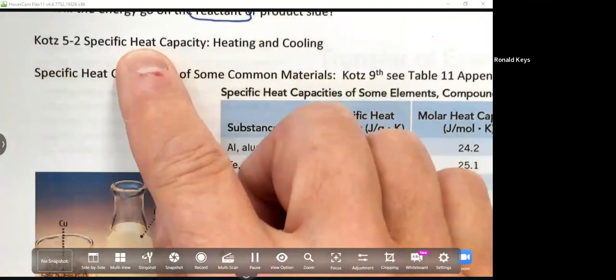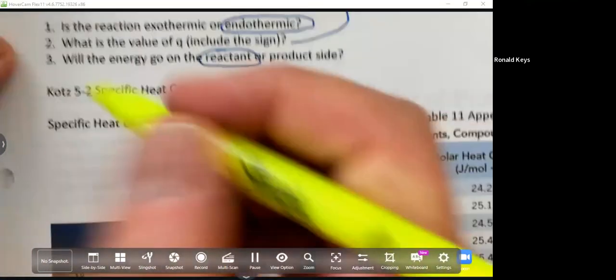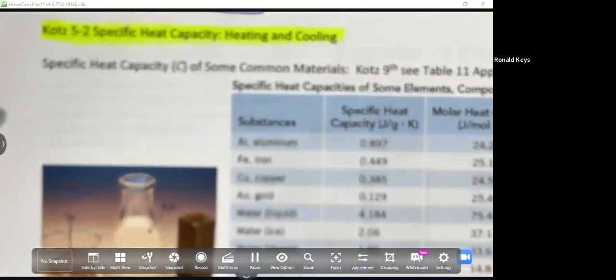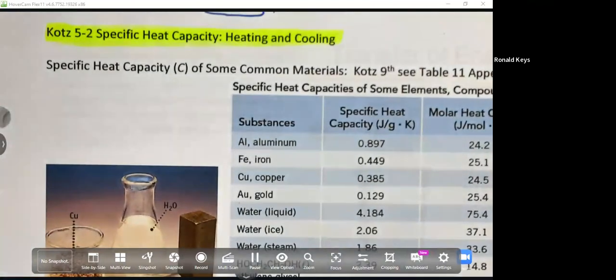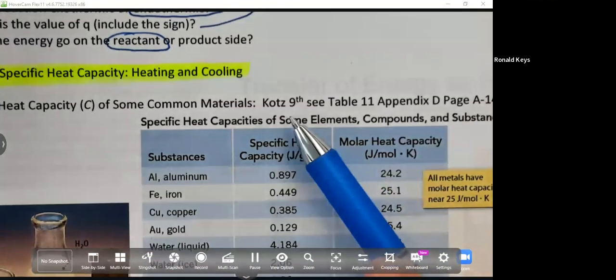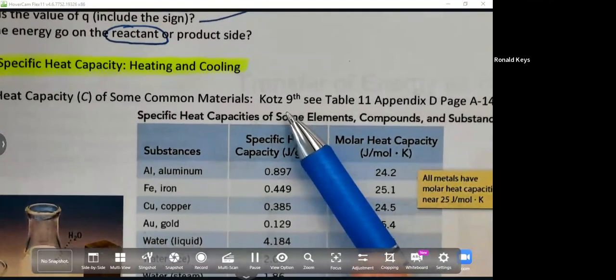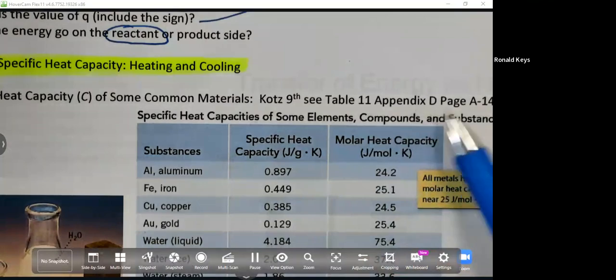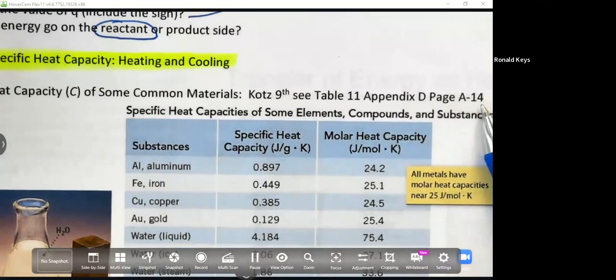Let's look at 5.2. So now we're going to get into some energy. Here is the table from our book. This is Cox, 9th edition, which is the book we have, table 11 in appendix D on page A14.